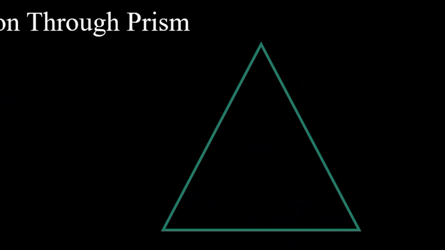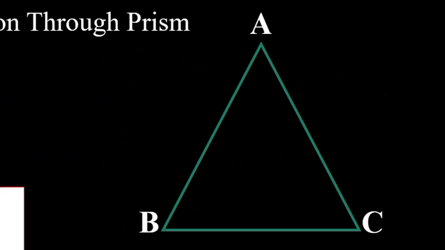This is a triangle and name of the triangle is ABC. So this is a triangular prism ABC.